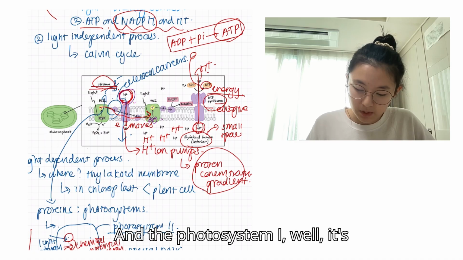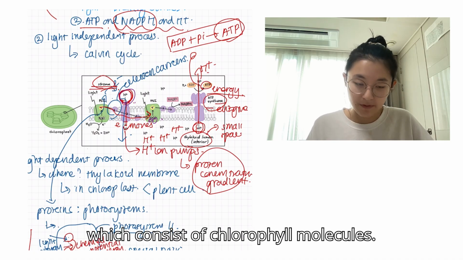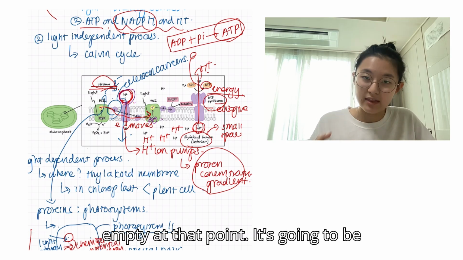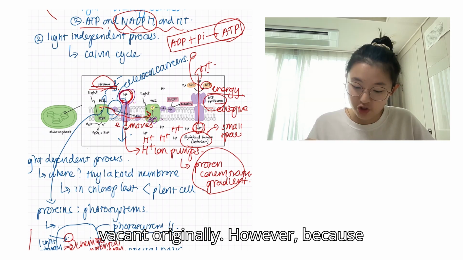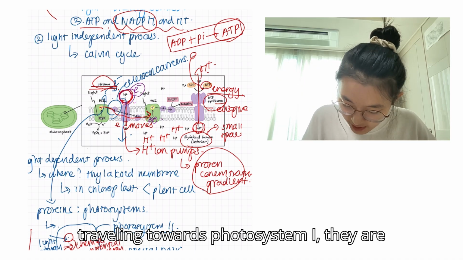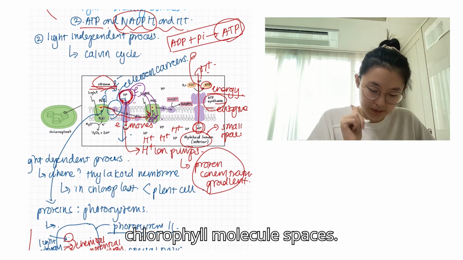And photosystem 1 is obviously going to have special pairs which consist of chlorophyll molecules. And these chlorophylls are going to be empty at that point. They're going to be vacant originally. However, because we have these electrons that are traveling towards photosystem 1, they are going to fill the originally vacant chlorophyll molecule spaces.